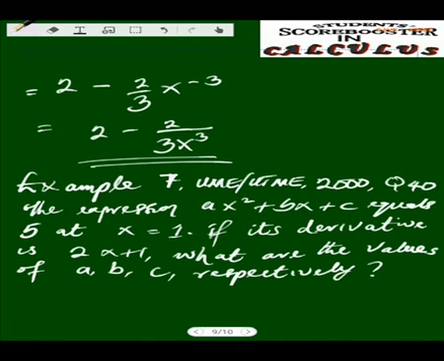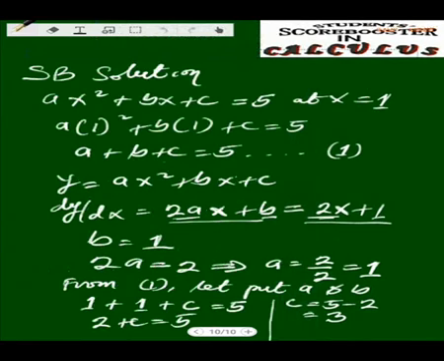So the answer is 1, 1, and 3. So that is that. This is your final answer. I think with this you should be able to solve most questions that are similar to this.